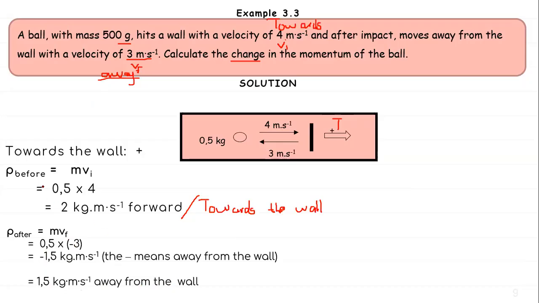Now this is the momentum before, this is the momentum after. To get the change in momentum, you will say the change in momentum is mvf minus mvi, which is the final momentum, and the final momentum is negative 1.5.